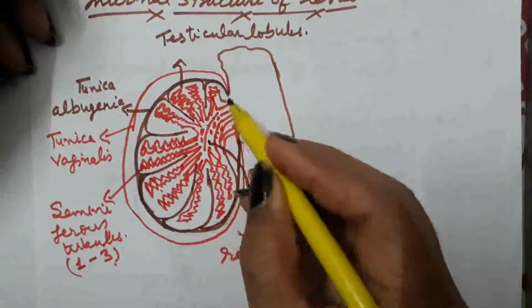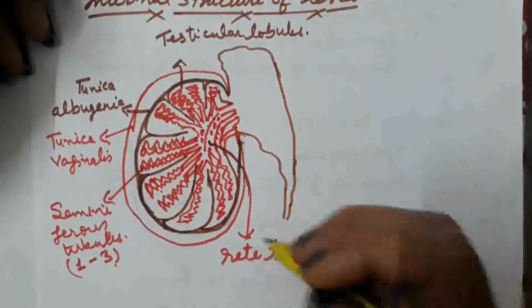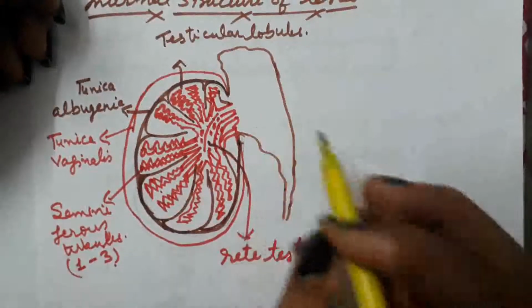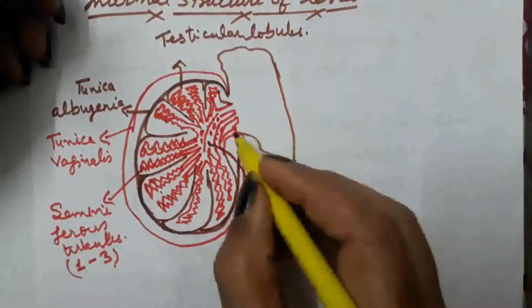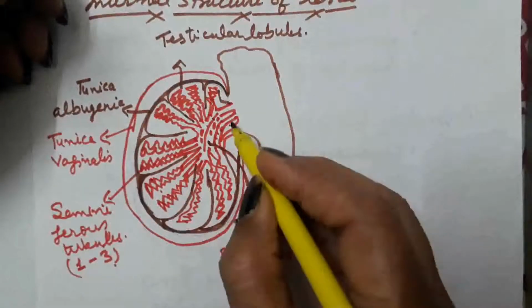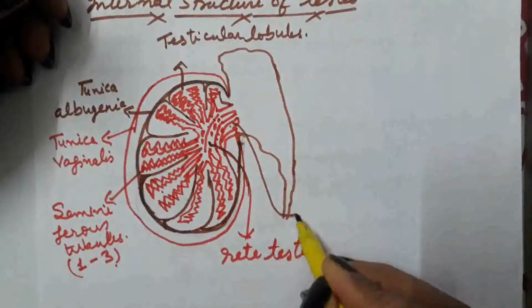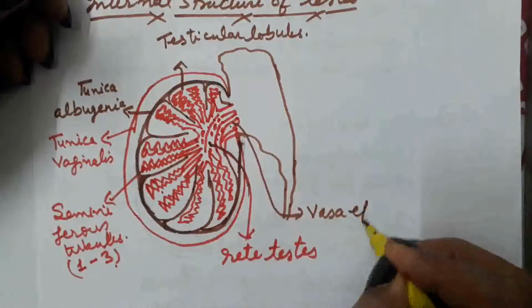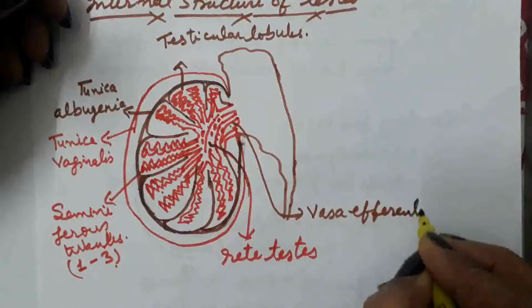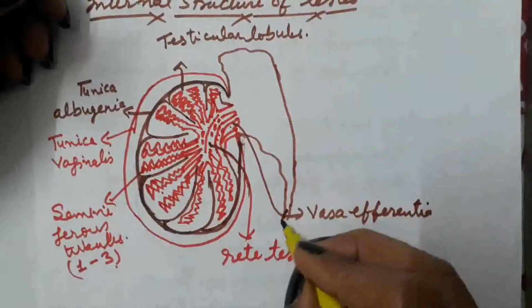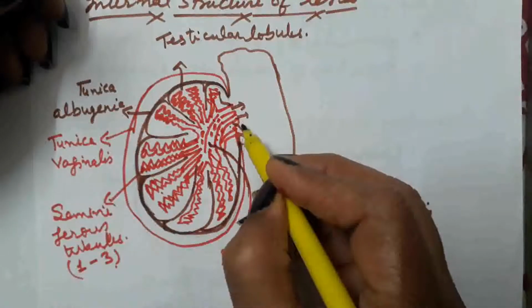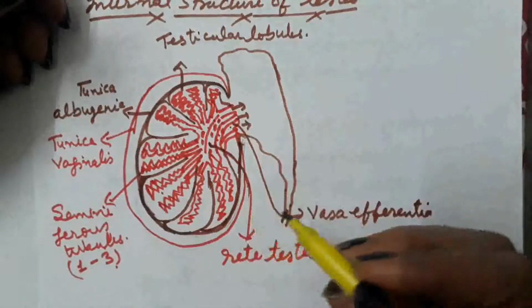These are the parts which are formed by the rete testis, known as the vasa efferentia. These vasa efferentia open into the next part of the male reproductive system, that is the epididymis.